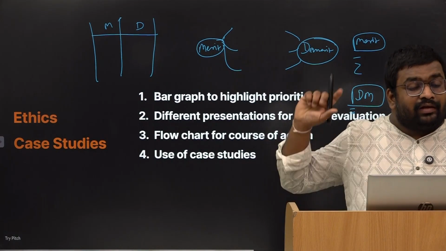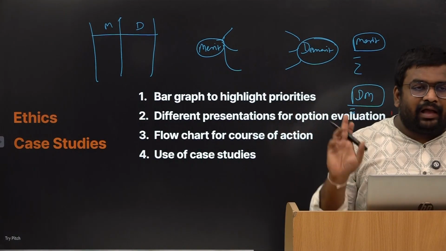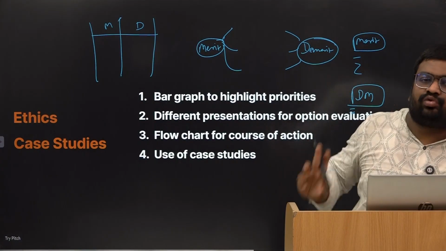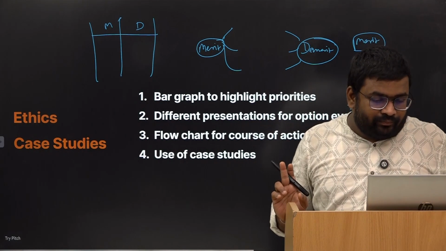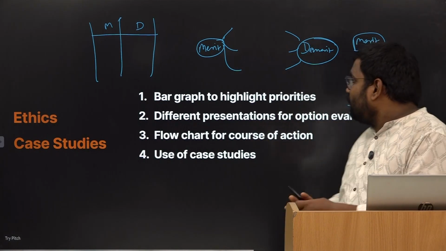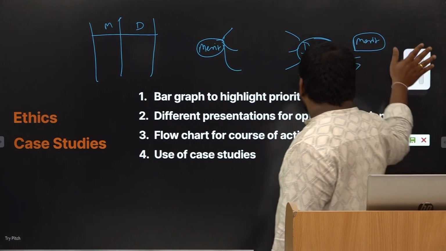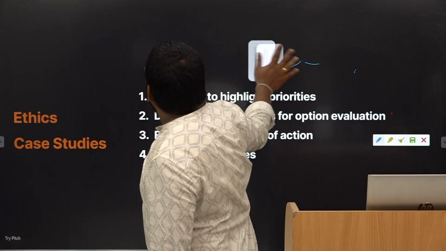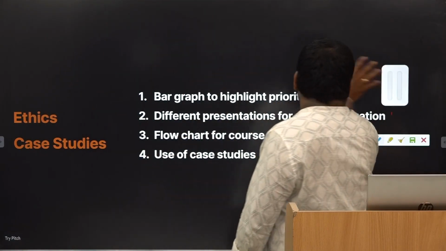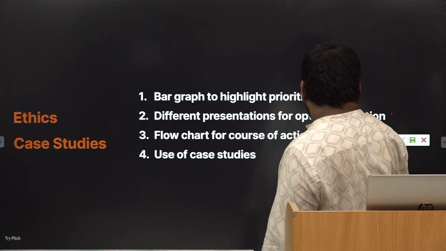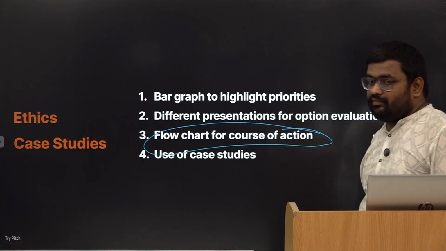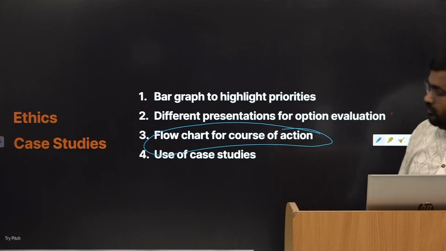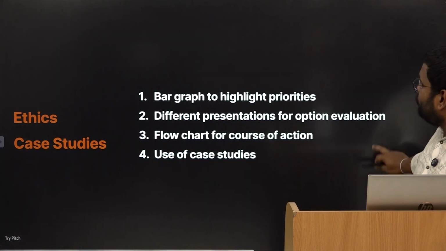That is why, and I have been suggesting this for the past 2 years, it has given a lot of dividend to us. Just this presentation aspect. So different presentations for merits and demerits. Last, or the second last, is the flowchart for course of action. Okay, so let's see how that's done.